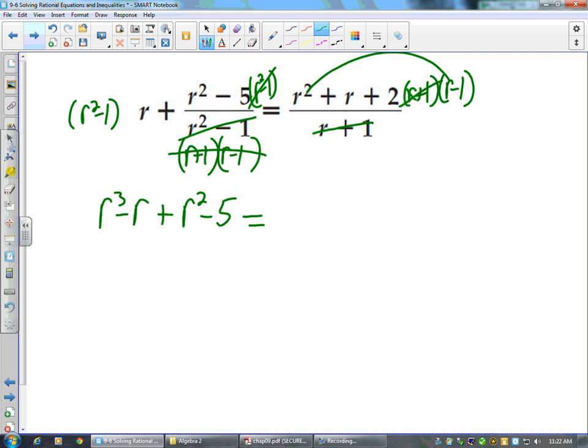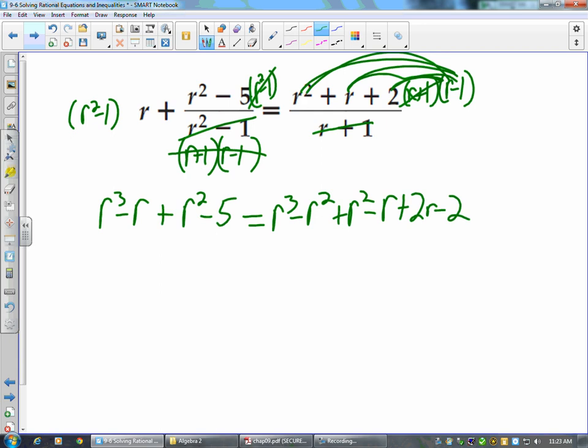So an r squared times r is going to be an r cubed minus r squared. Oops, we'll have a plus r squared. We'll have a minus r plus 2r and a minus 2. So no fractions, but now we're going to have to simplify this thing.